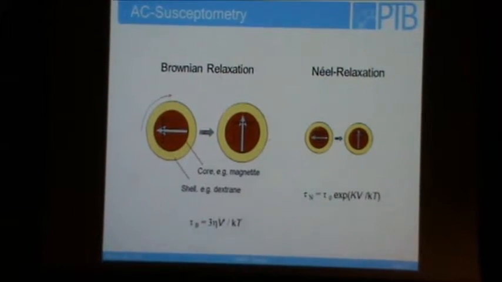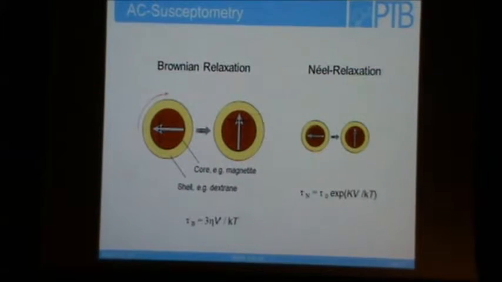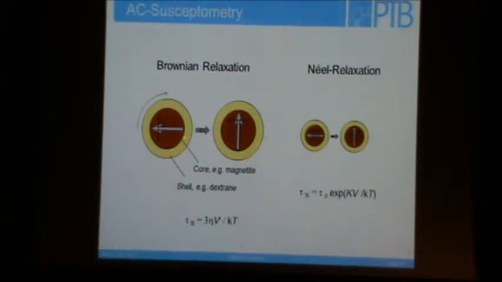Up to now, I have not discussed the point that relaxation can occur in two ways. Néel relaxation is the relaxation of the magnetization vector within the particle, while Brownian relaxation is a relaxation of the particle as a whole.